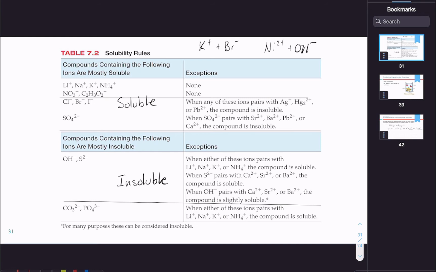Because it's with bromide, that's going to be soluble. Nickel, usually the transition metals aren't on here except as exceptions. So we'll look for hydroxide, which is generally insoluble unless it's paired with lithium, sodium, potassium, or ammonium. So since nickel is none of those, this compound is insoluble. So we do have a reaction.